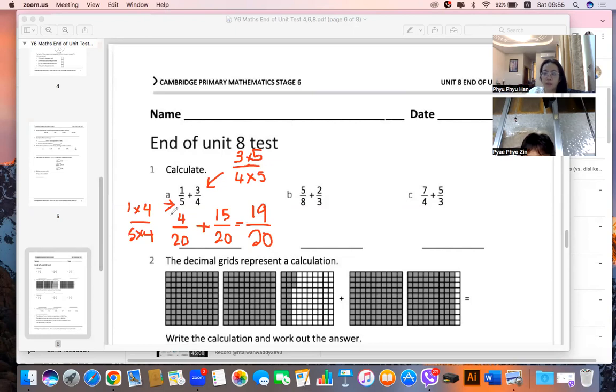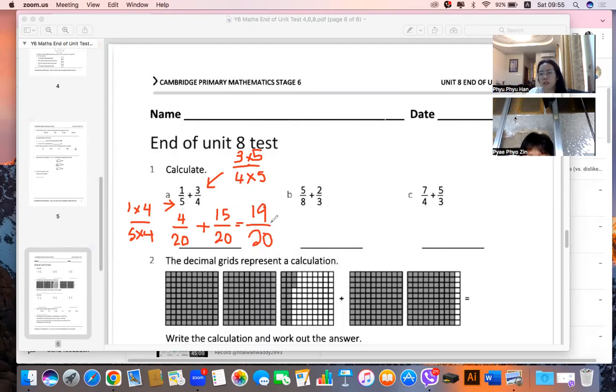So now if we add 1 by 5 plus 3 by 4, we will get 19 by 20. And this is its simplest form. You cannot make it smaller, this 19 by 20, so we will just leave it like this.